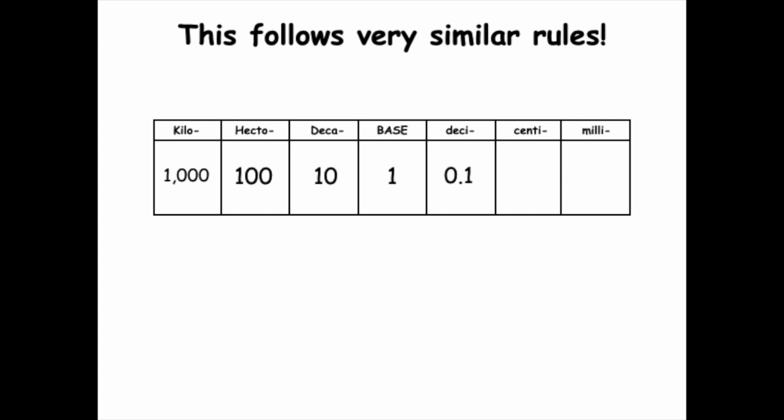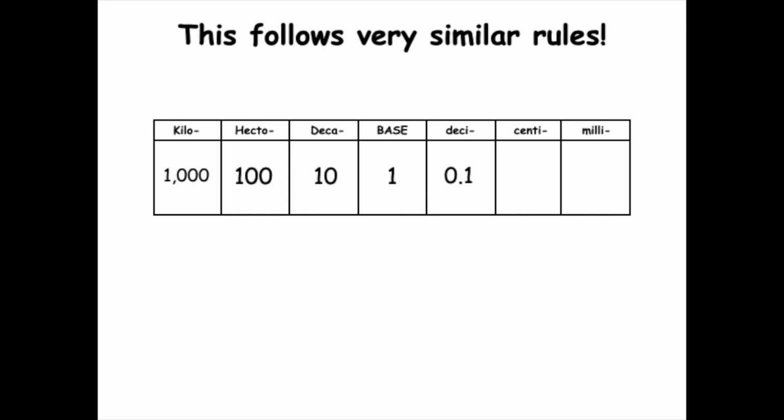Now, keeping our base at 1, if we're going the opposite direction, going to the right, instead of multiplying by 10, we should be dividing by 10, right? So we're getting 10 times smaller every time. So decigrams or deci whatevers are 10 times smaller than the base.